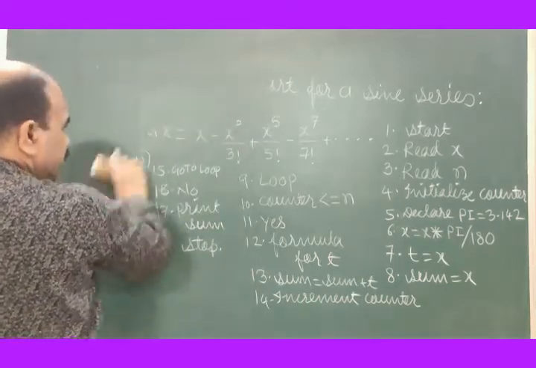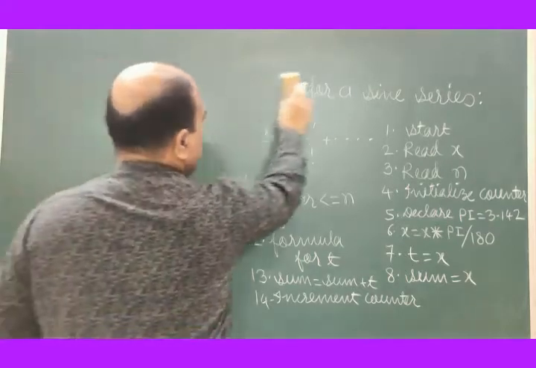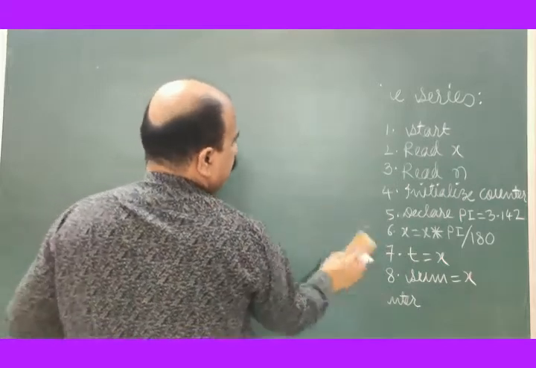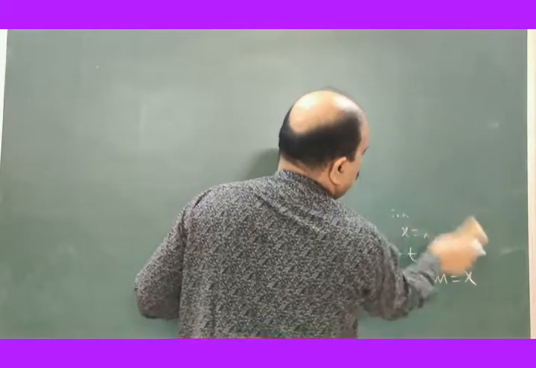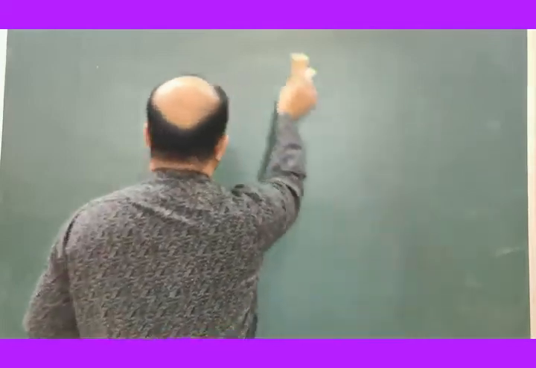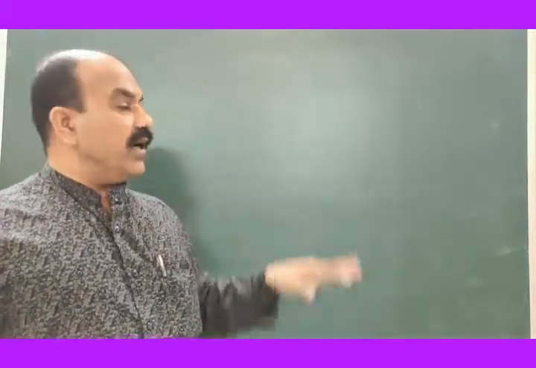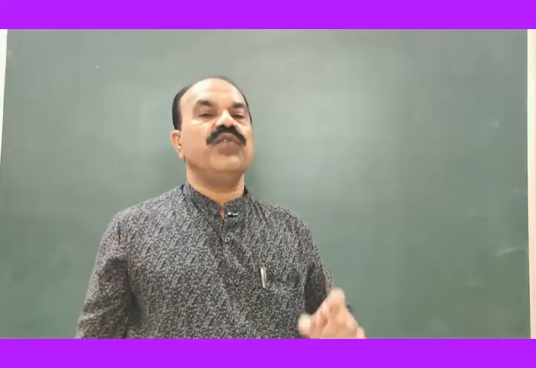You remember all these things so that this will help us to draw the flowchart. Remember all these things we have done for getting the algorithm. Also remember the algorithm. This will help us to draw the flowchart for sine series.